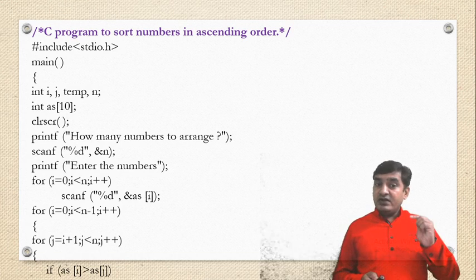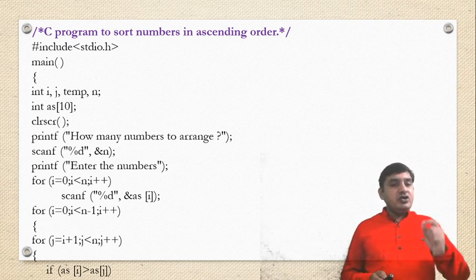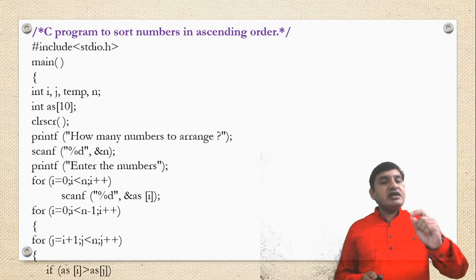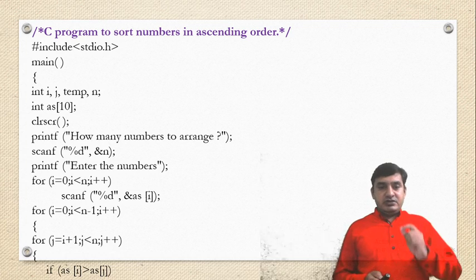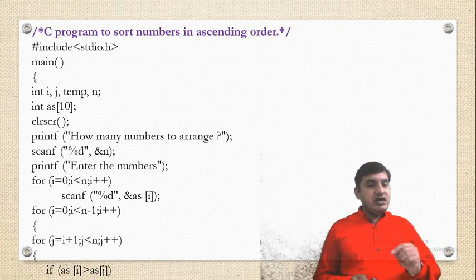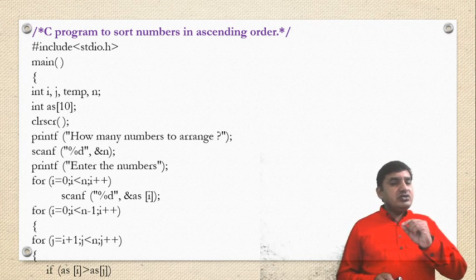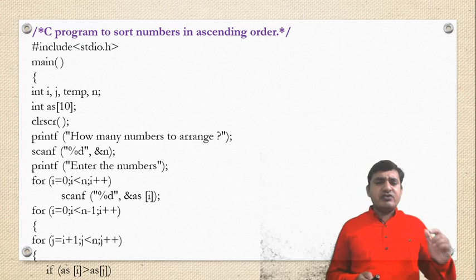In the first for loop we use i is equal to 0, but in the third for loop we use j is equal to i plus 1, that is 0 plus 1, so j is equal to 1.